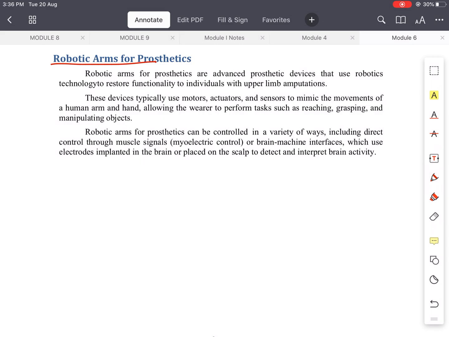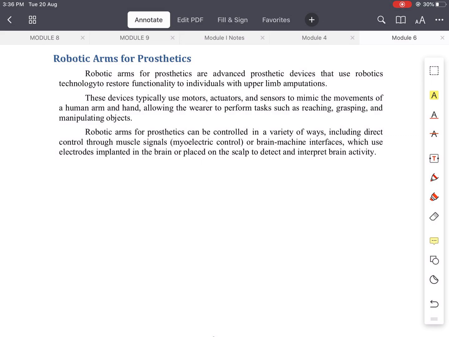Prosthetic limbs or robotic arms are advanced prosthetic devices that use robotic technology to restore whatever functionality of the limb a person has lost or amputated. These are basically a small mechanism that uses different motors, actuators, sensors, and levers to mimic the movement of human limbs.